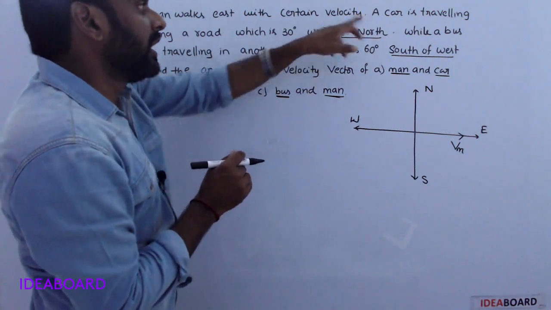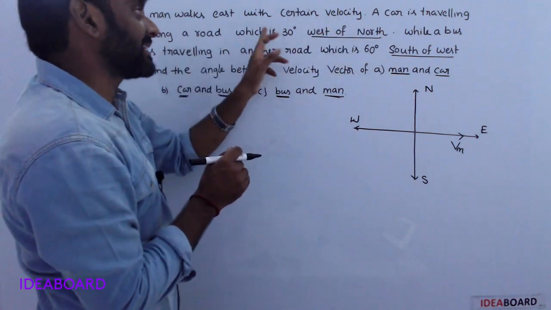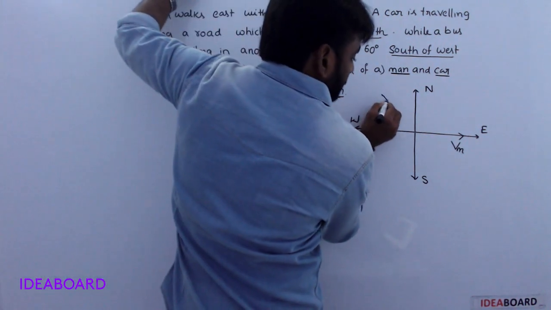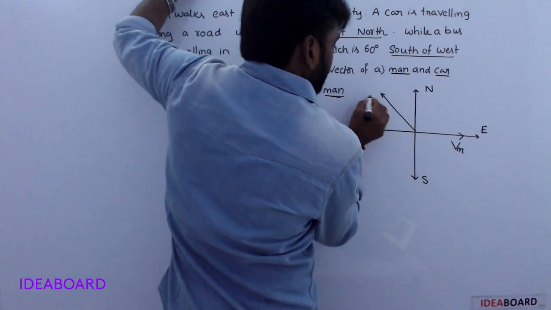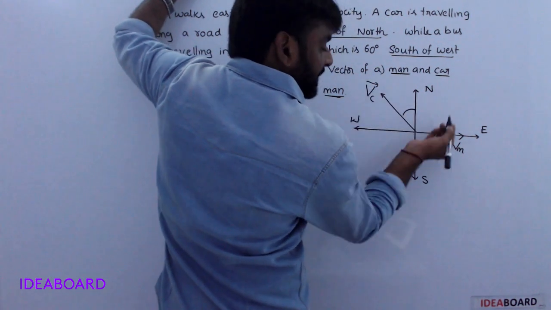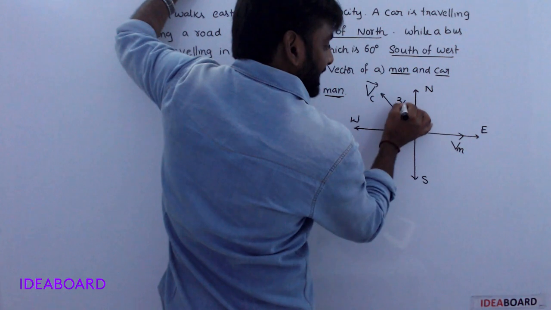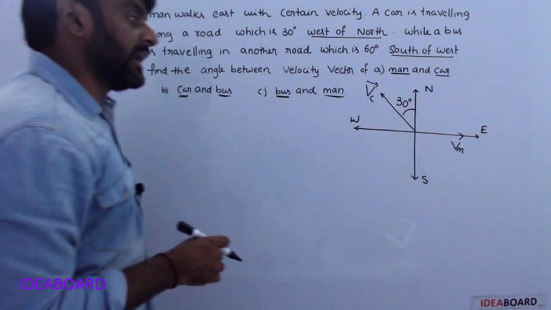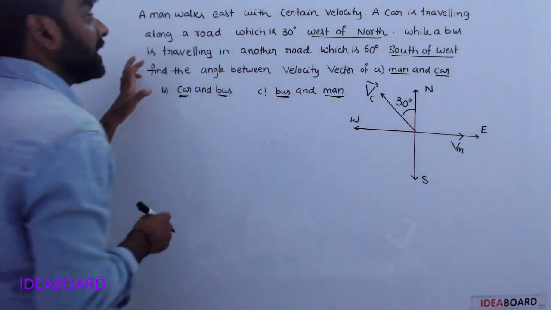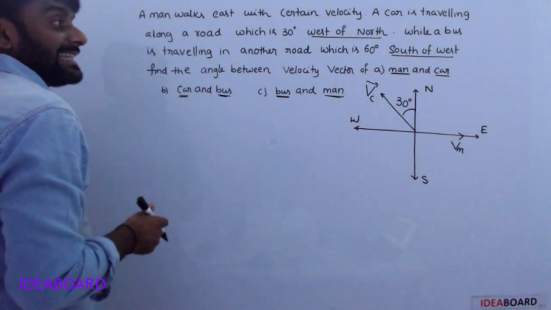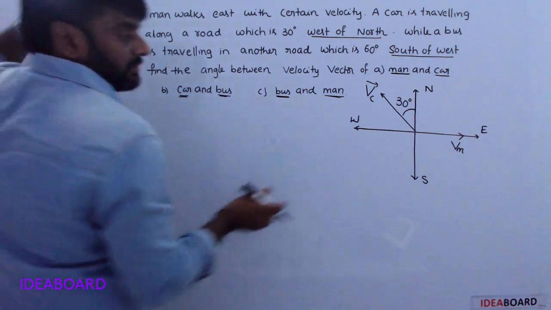Next one is car. The car is traveling along a road which is 30 degrees west of north. This one. Velocity of car 30 degrees west of north means it makes an angle 30 degrees with north. Next one. Okay. While a bus is traveling in another road which is 60 degrees south of west.